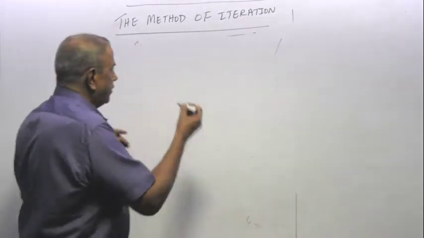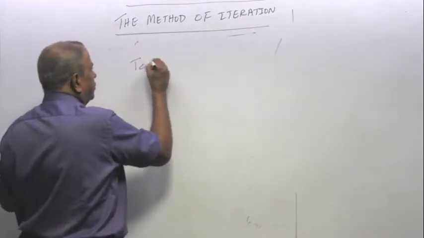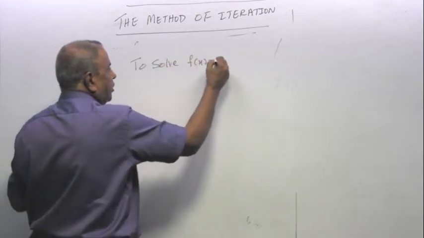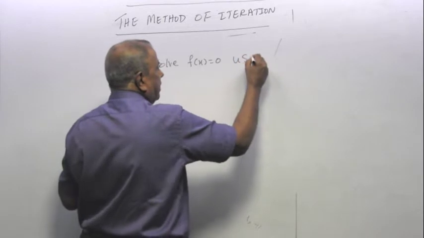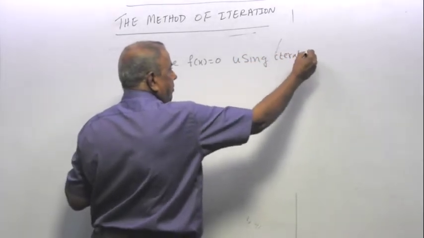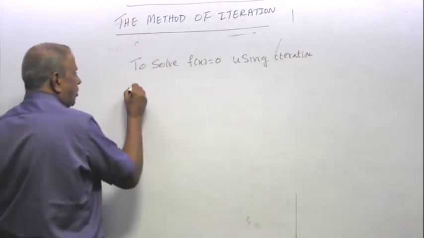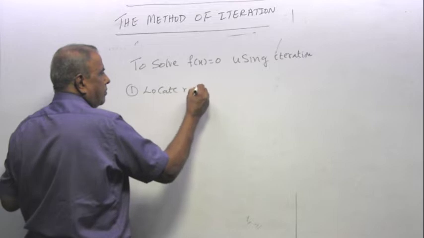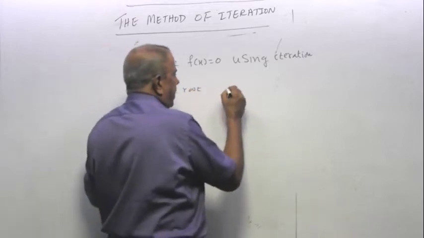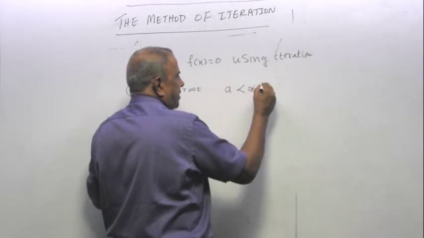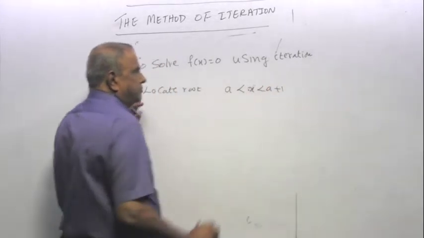so therefore, to solve f of x equal to 0 using iteration, what is the first method? Number 1, locate the root, say a less than alpha less than a plus 1.